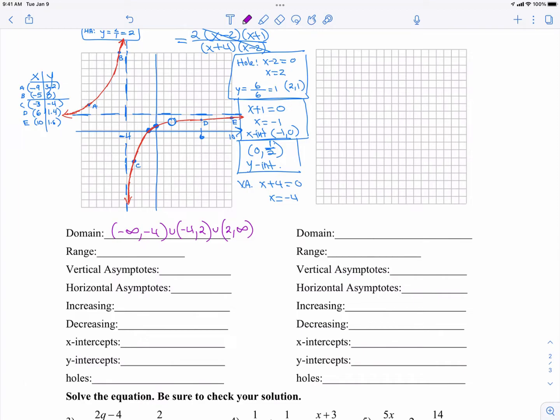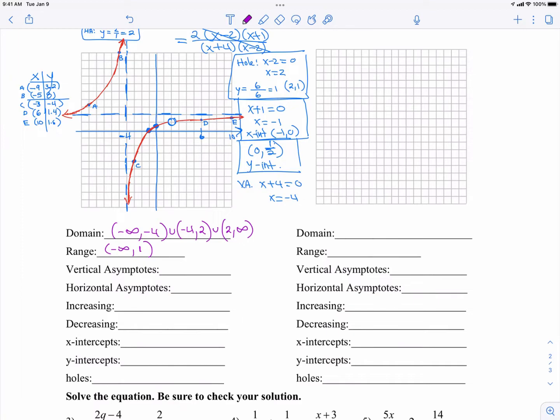Now our range is going to go from -infinity until we get to the hole. Now what is the y value of the hole? All right, since we're talking about range, it has to be the y value of the hole, which is 1. So the range is going to go from -infinity till it gets to 1, where the hole is.